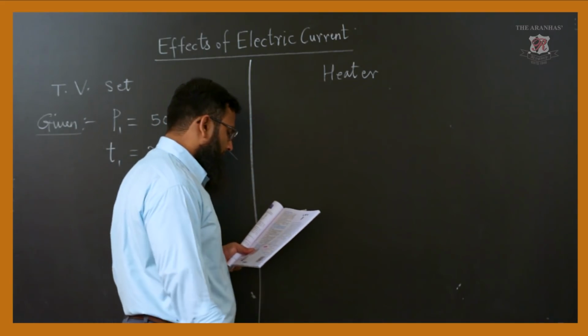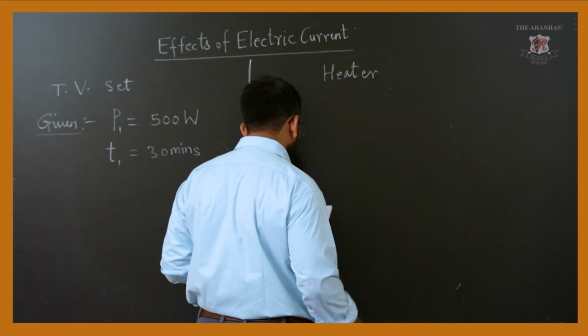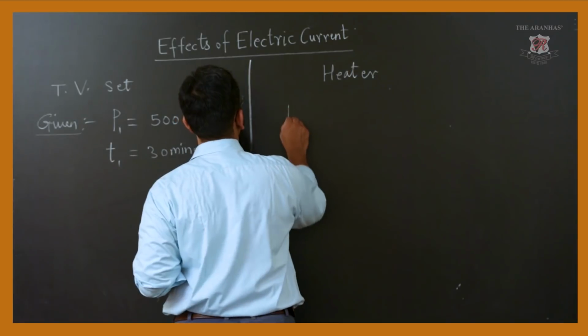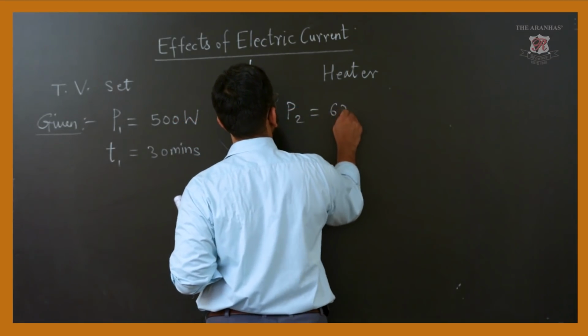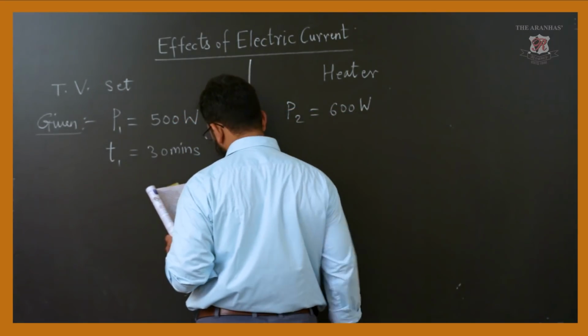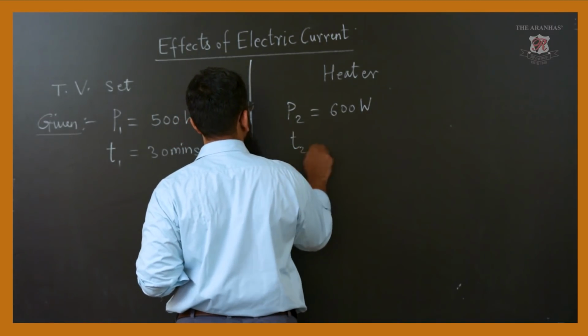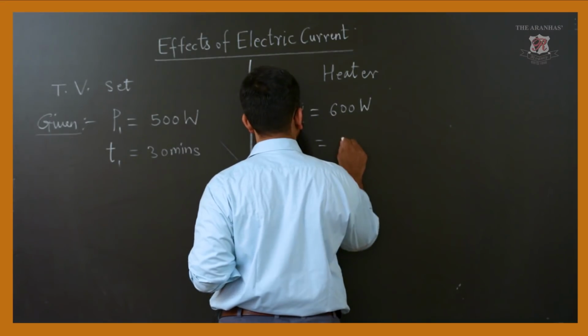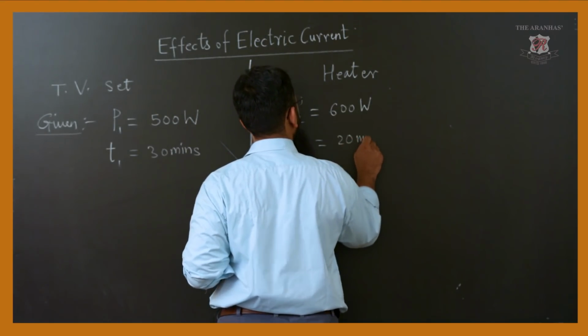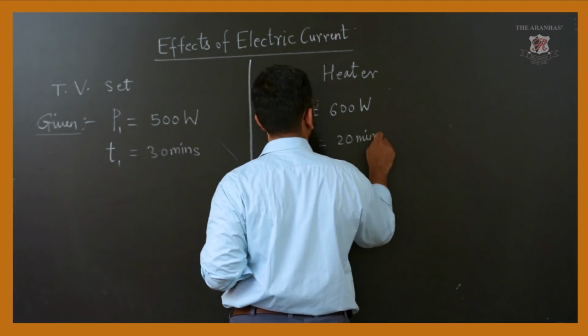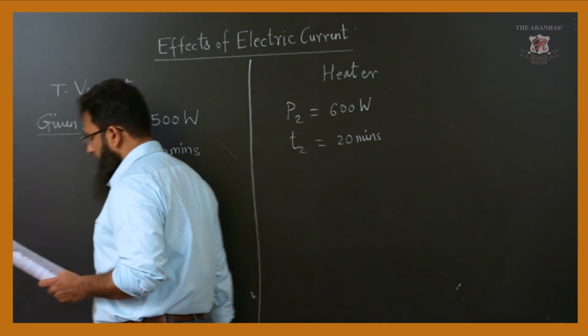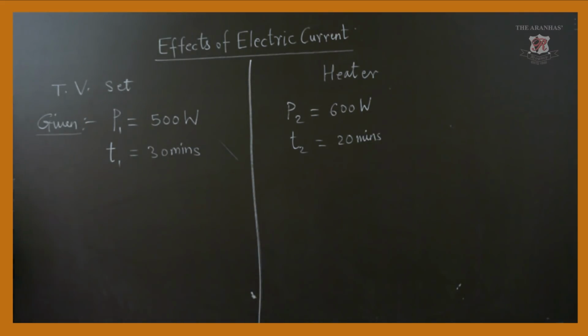Now, next is heater. In case of heater, power is 600 watt and time duration is 20 minutes. Now, question arises, they are asking who will spend more electrical energy.